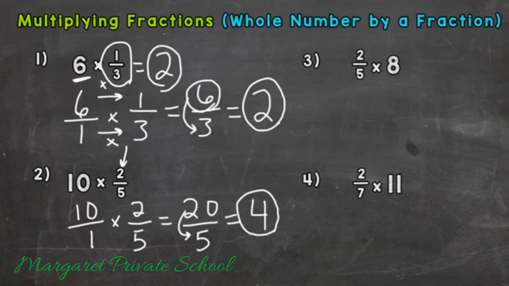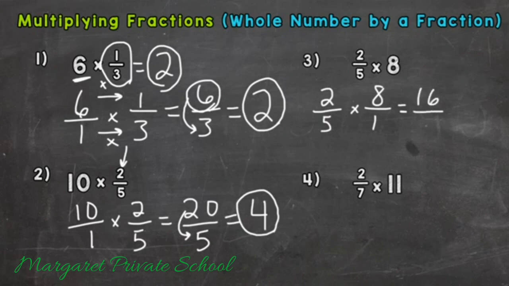Let's go to number 3. 2/5 times 8. Put 8 over 1 so we have a top and a bottom, and then multiply straight across. 2 times 8 is 16, and 5 times 1 is 5. Again, we have an improper fraction, so we need to do 16 divided by 5.